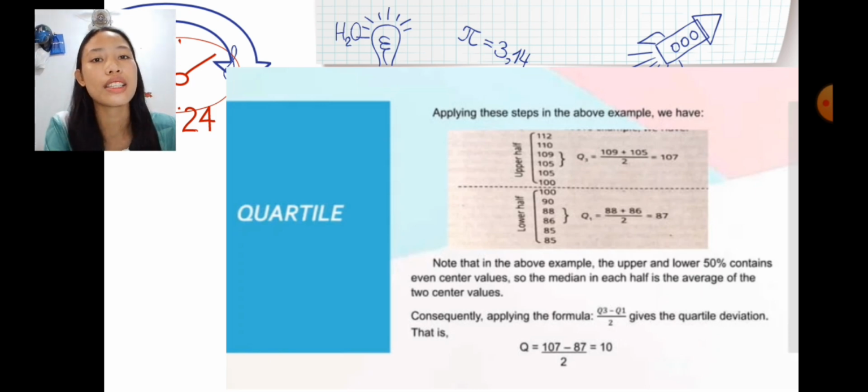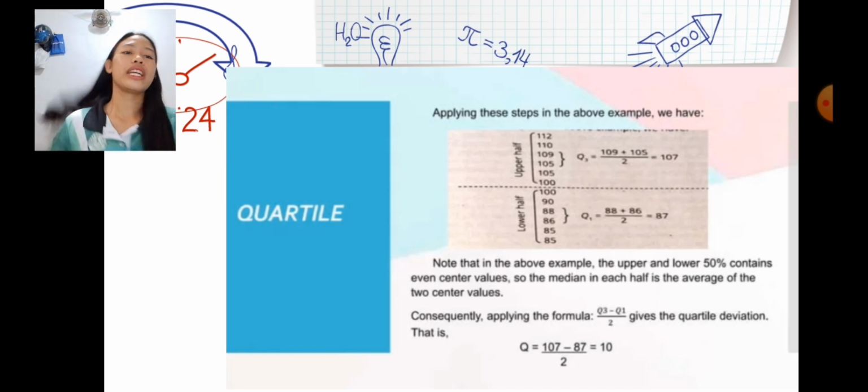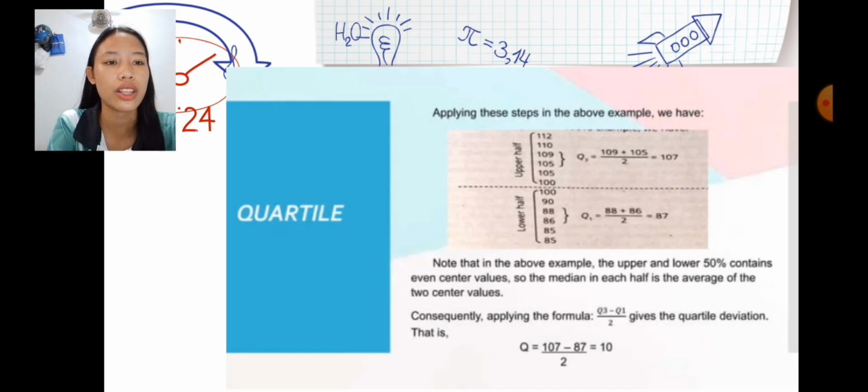Why is the answer 10? We have 107 minus 87 equals 20, and we divide 20 by 2, which equals 10. So the value of the quartile deviation is 10.